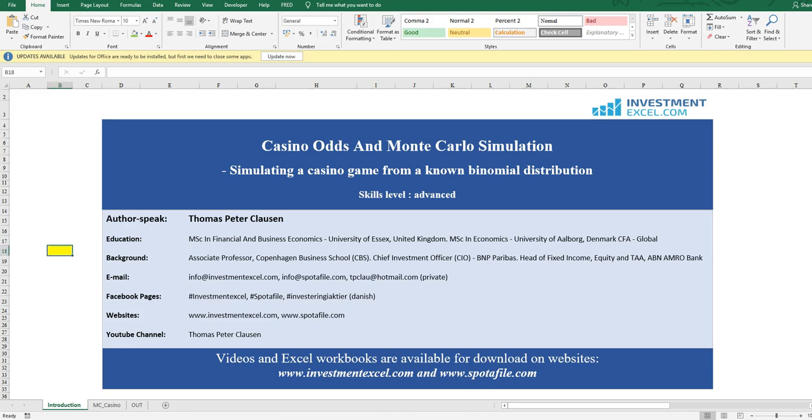Many people on Investment Excel have asked me how a casino works. What is the statistical model underlying the basic business game, defined as just the game at the table?